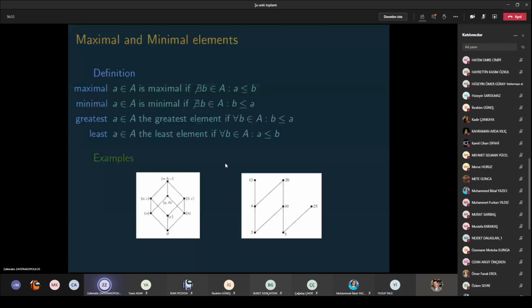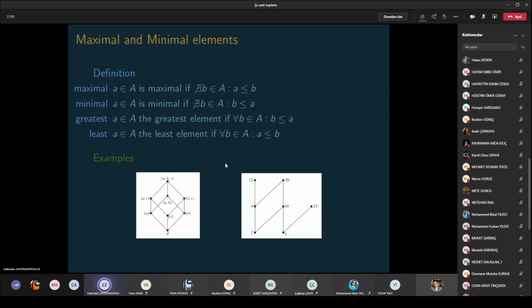And what about the greatest lower bound? This also has a good name. It is the greatest number that divides the other two numbers.